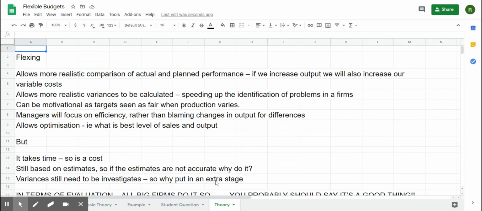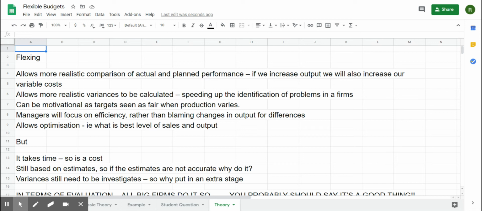Okay, in terms of flexing, if you get a flex budget to do in your exam, you'll almost certainly be expected to write an essay on the benefits and disadvantages of flexing the budget.